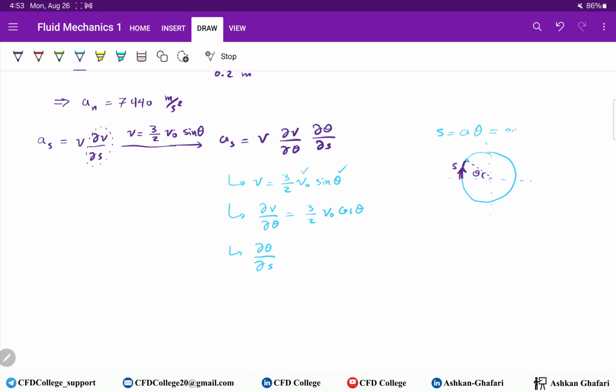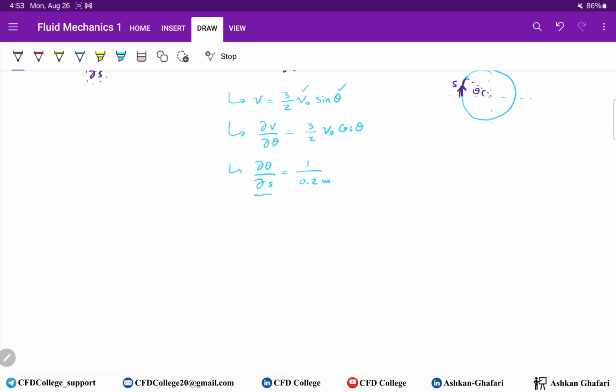So s equals 0.2 times theta, and the unit is meter. So delta theta over delta s equals, from this we can find that theta equals s over 0.2 meters. So delta theta over delta s here is equal to 1 over 0.2 meters. Now we have all three terms. Now we can solve it.